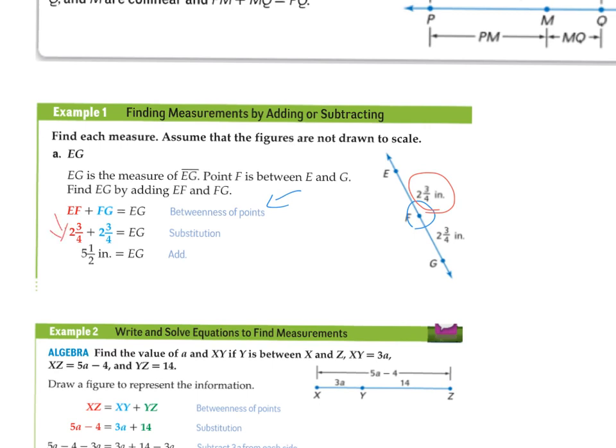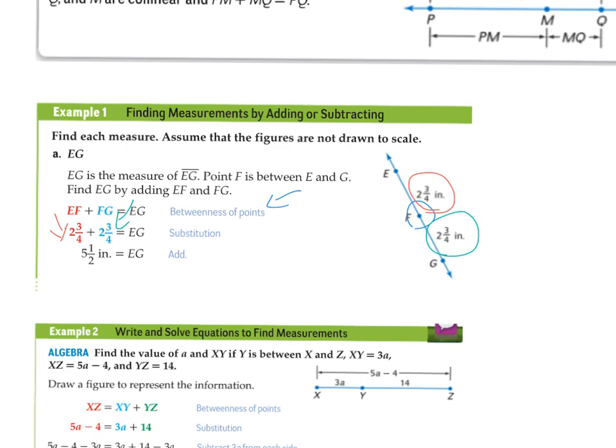We also know that the distance between E and G is 2 3/4 inches. So we're going to put that there. Well, now we have two numbers equals an unknown quantity.